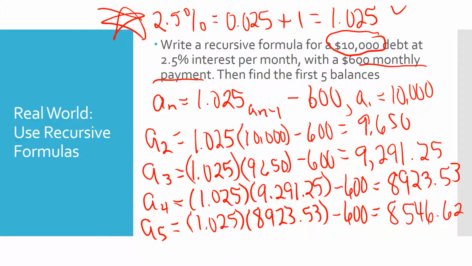So if I were to write all that out, I'm going to do it right down here at the bottom. I got $10,000 is my balance at the beginning. At the end of the first month, my balance is 9,650. Well, I need to make a 6 out of that, don't I? 9,650. At the end of the next month, it's 9,291.25.